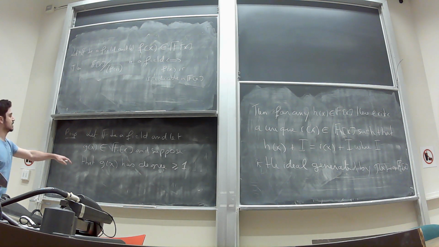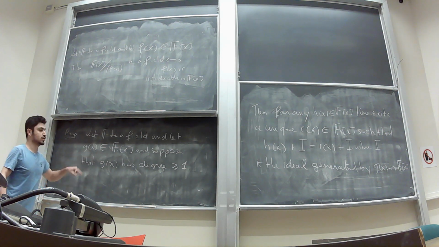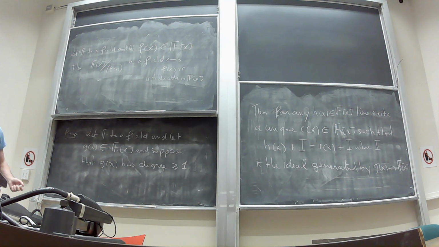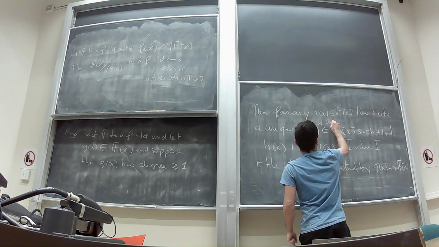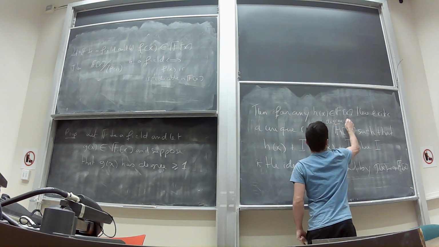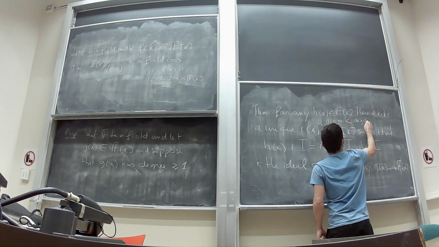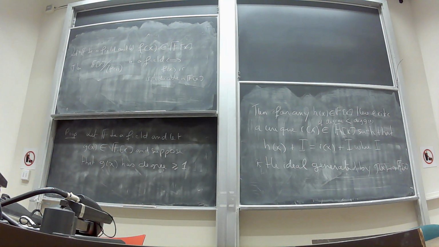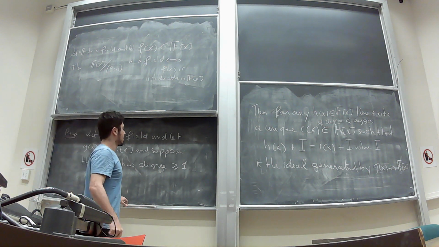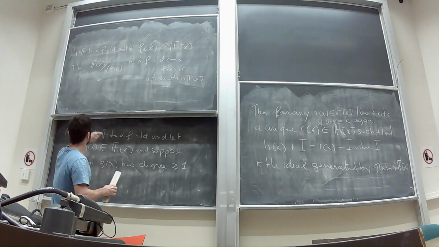What do I say? A unique r(x) of degree strictly less than the degree of g, right? Okay. Let's prove this.